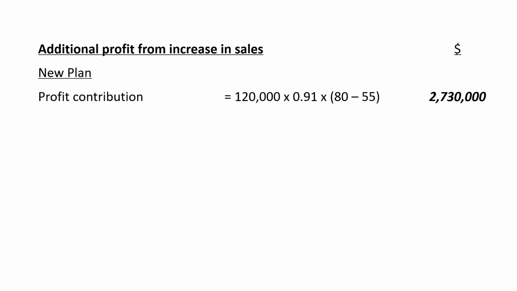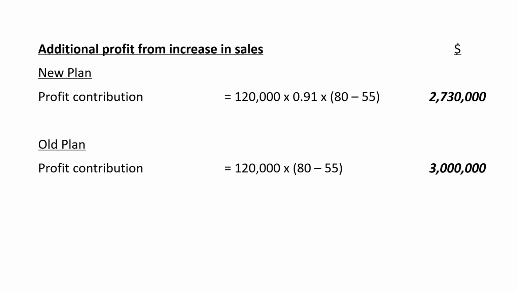Additional profit from increase in sales. New plan. Profit contribution equals 120k times 0.91 times (80 minus 55) gives you 2.73 million. Old plan. The profit contribution is 120k times (80 minus 55) gives you 3 million.